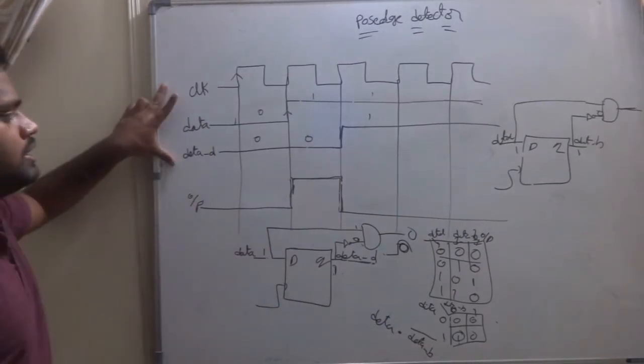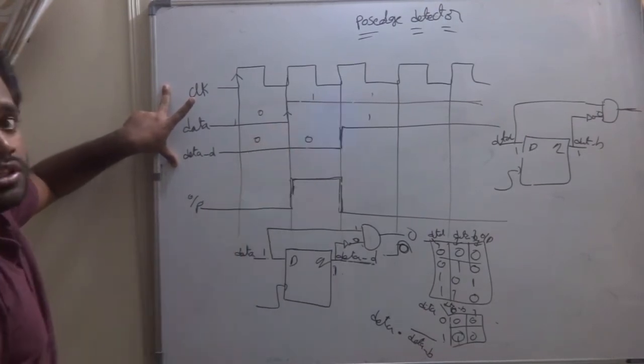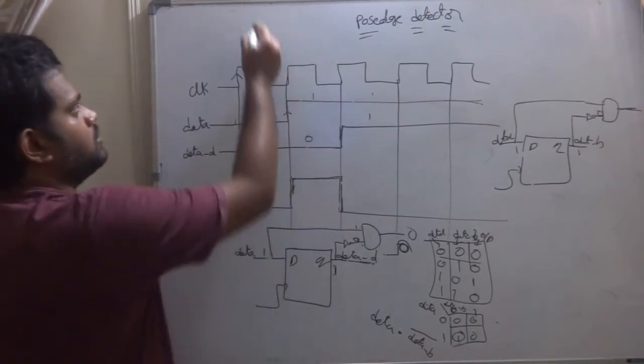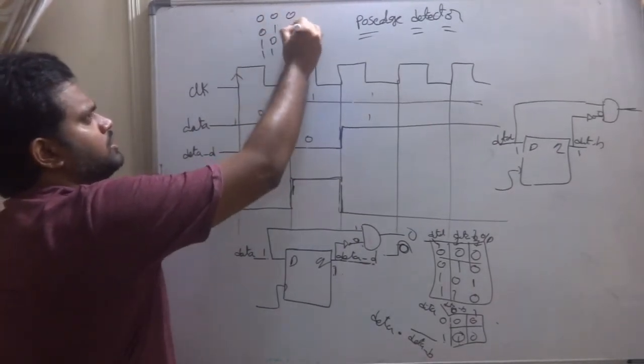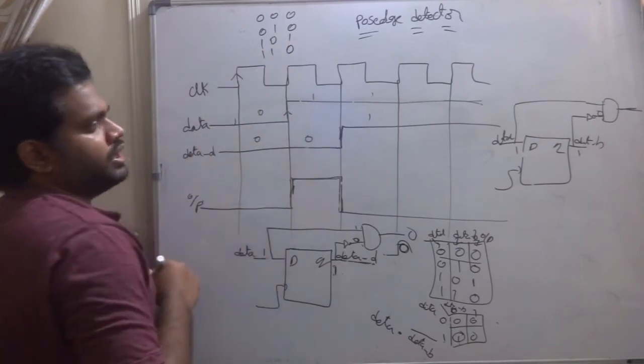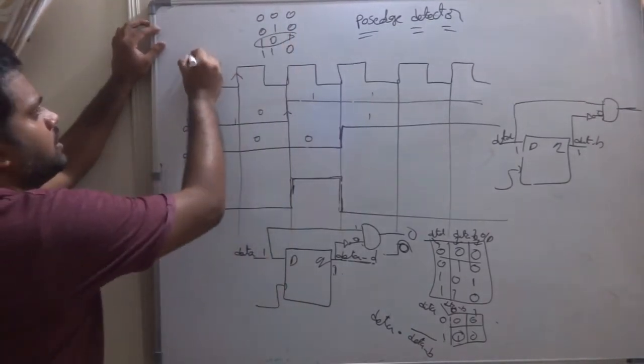First you have to analyze, you have to know this waveform. Then draw the hardware. Don't mug up the hardware. See, what is the truth table? 0 0, 0 1, 1 0, 1 1. Only in the 1 0 condition you have to get true, right? That's why for the 1 0 condition, the gate will do this.